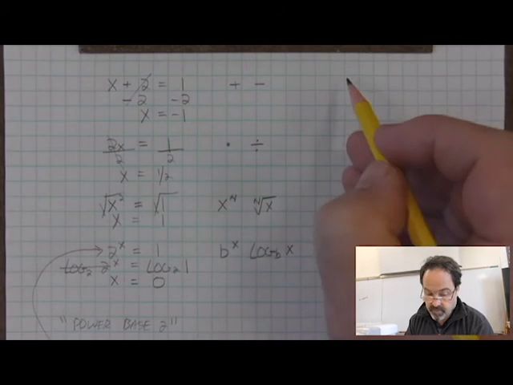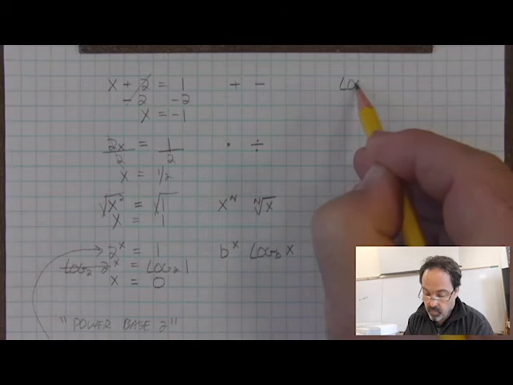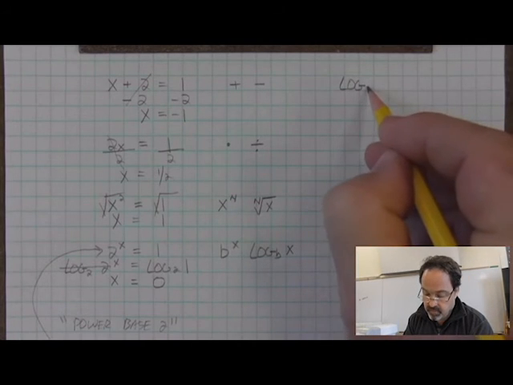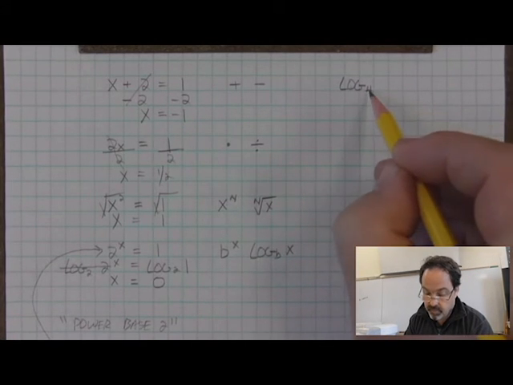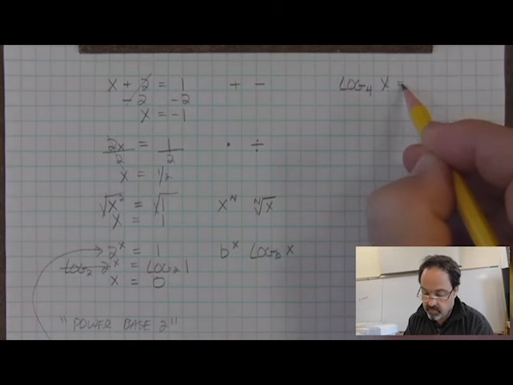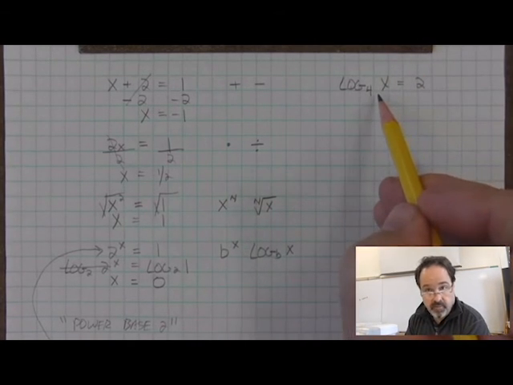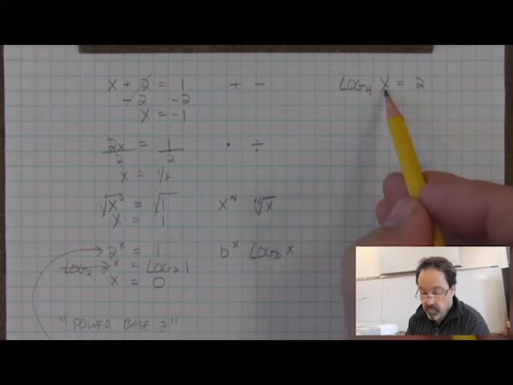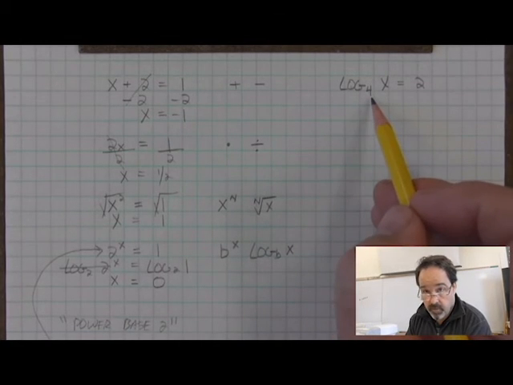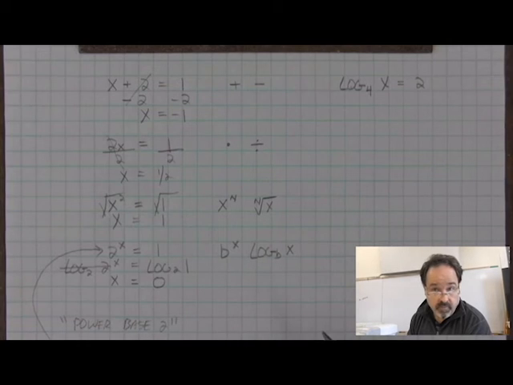Let's give another example. What if we have an equation like this? Log base 4 of x is equal to 2. And we're trying to get x by itself, which means that we have to undo log base 4. What's the inverse of log base 4?